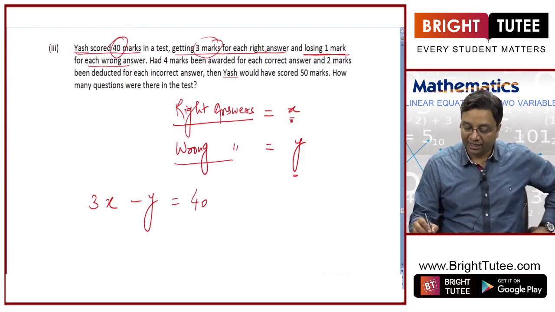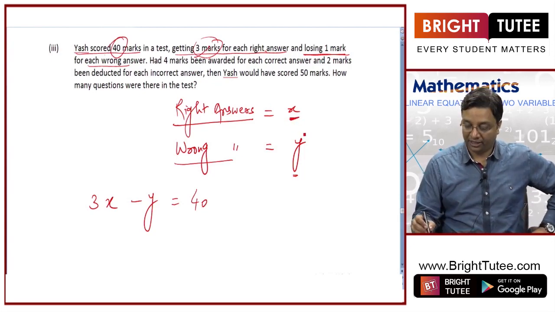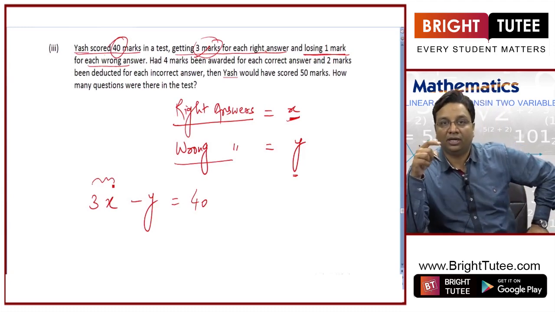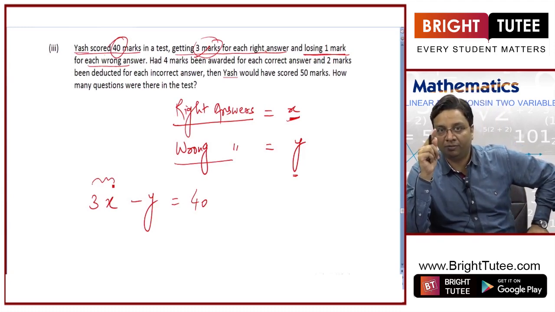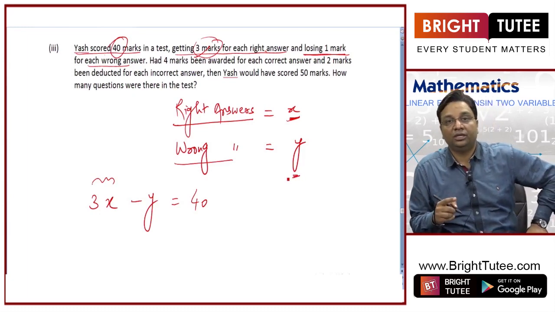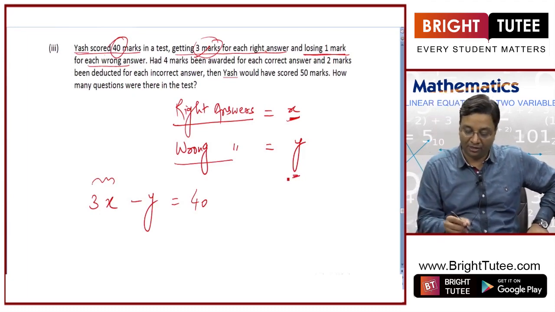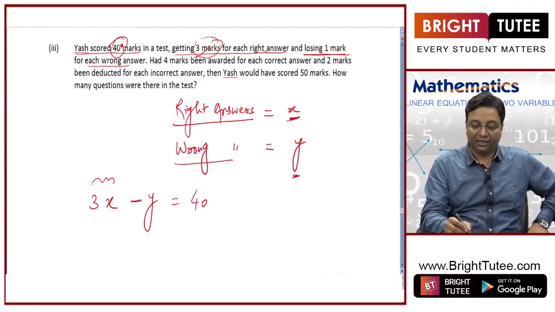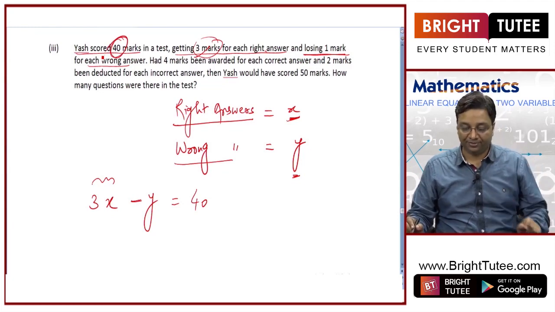Okay. For each right answer he gets 3 marks. So for x right answers he will get 3x marks. For each wrong answer he will lose 1 mark, right. For y wrong answers he will lose y marks, and losing marks means minus y. So 3x minus y is his score, that is 40 marks.